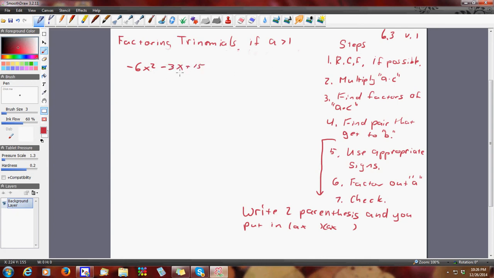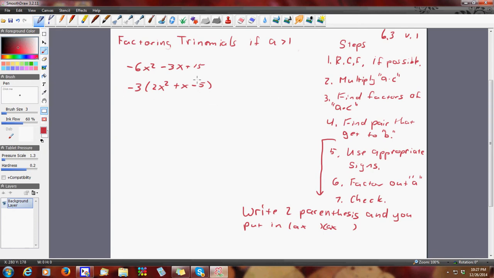Alright, my A is a negative 6, and oh god, this just pains me. So what I'm going to do is, I also notice that all of these have a factor of 3. So I'm actually going to divide by a negative 3. I'm going to factor out a negative 3, and that becomes a positive 2x squared. Oh, much better. Plus x becomes a negative 5.